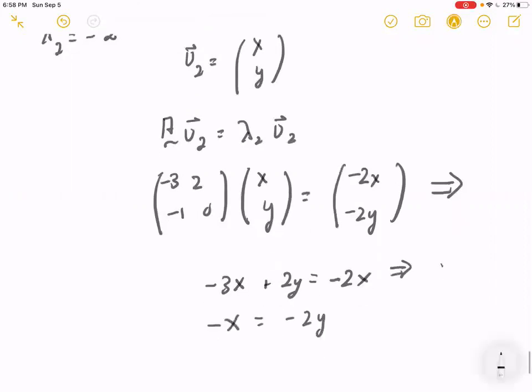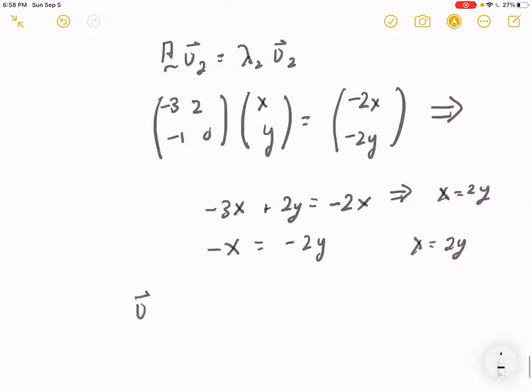So this is going to tell me that x equals 2y. And this is going to tell me the same thing.